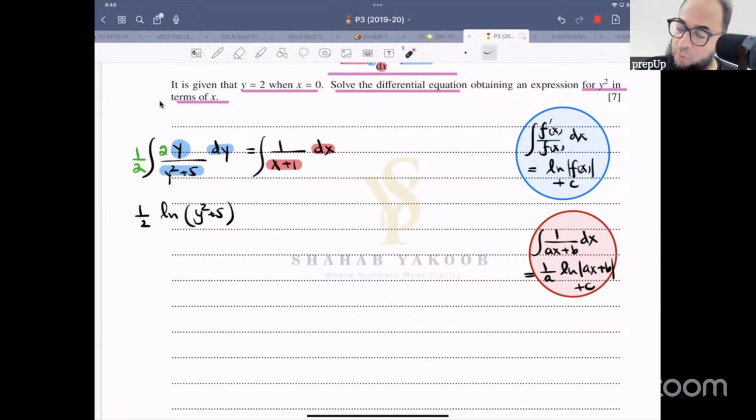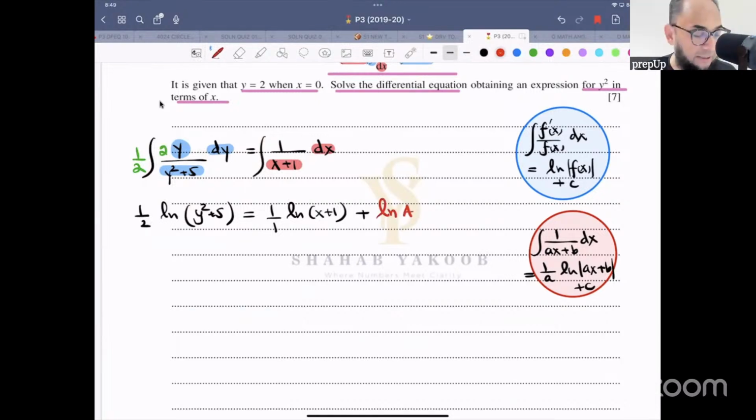Over here, this follows this rule. The coefficient of x is 1. So this is 1 over 1 ln x plus 1. And now it's a good idea that when everything is coming in terms of ln, it's better that we write the constant of integration also in terms of ln. So that is the thing that is much needed.